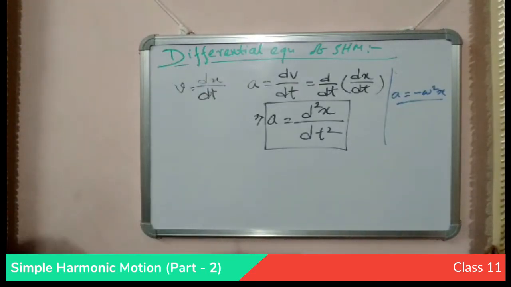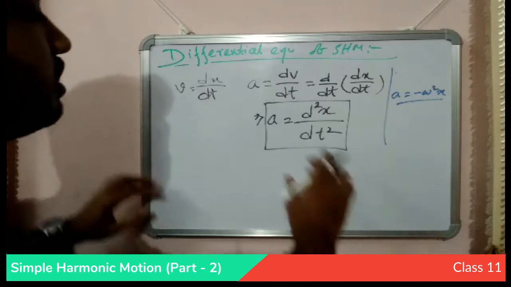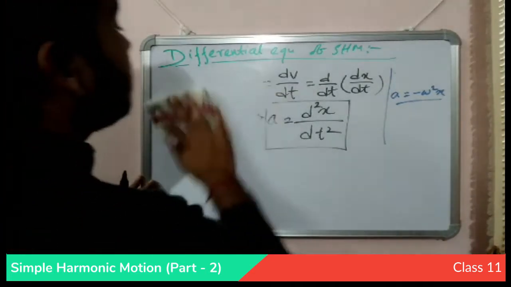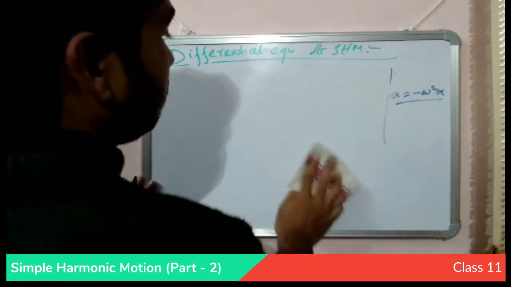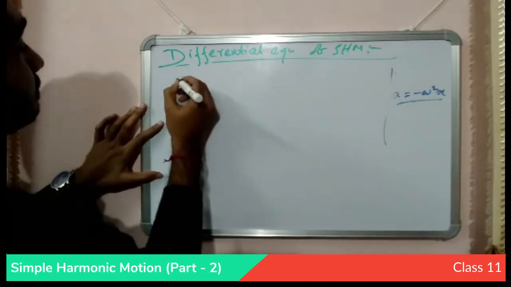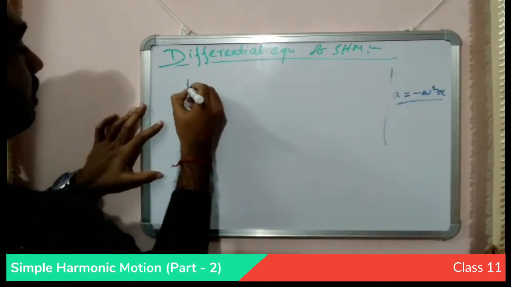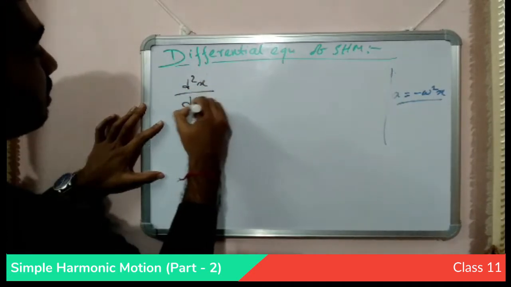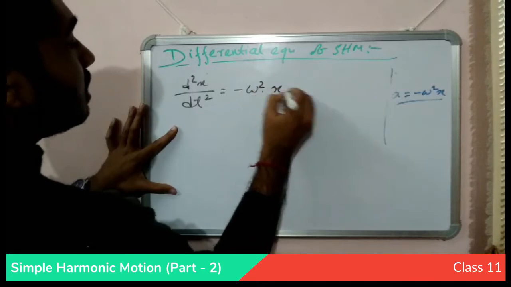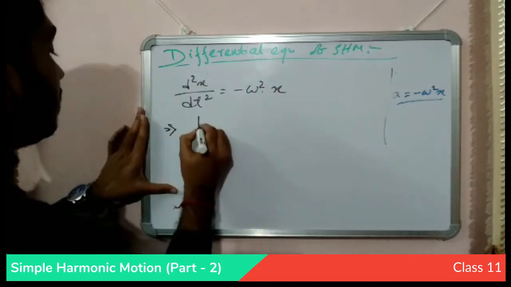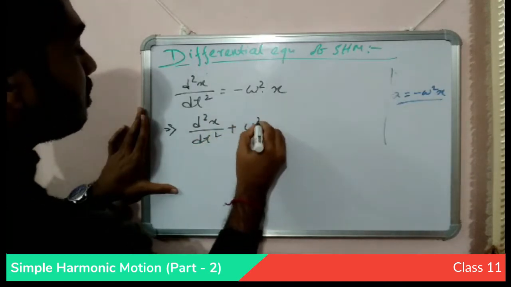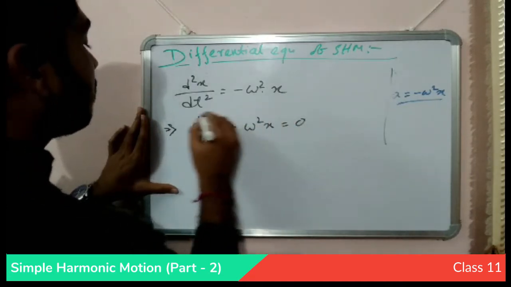So we will put this a in this term, so it will become d2x/dt square is equal to minus omega square x, and d2x/dt square plus omega square x is equal to 0.